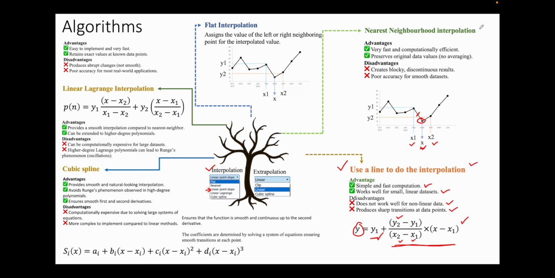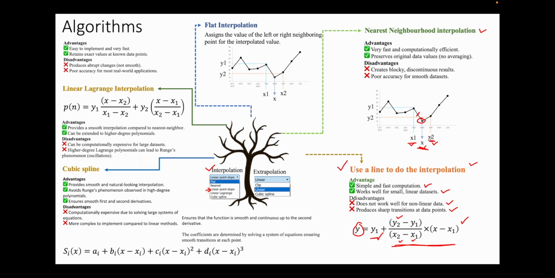The next one is the nearest neighbor interpolation. So what is done here? Suppose you have the same scenario. Now it will be checked whether the point on the x-axis, suppose you have the point x and x1 and x2, which point it is near to.